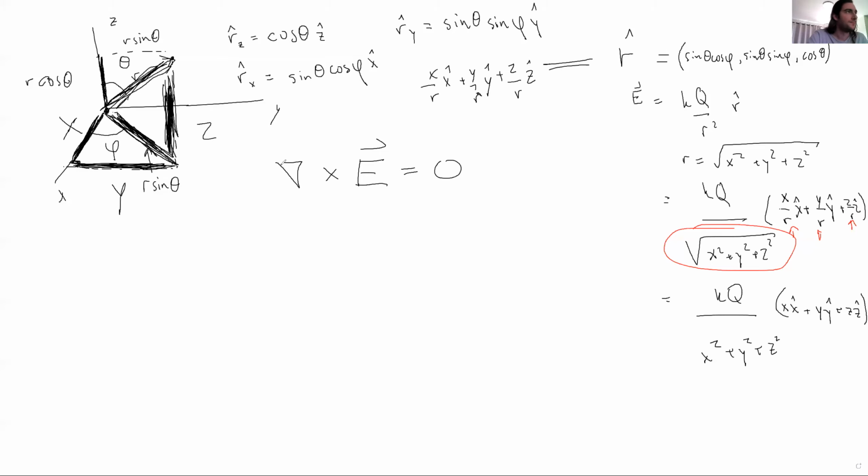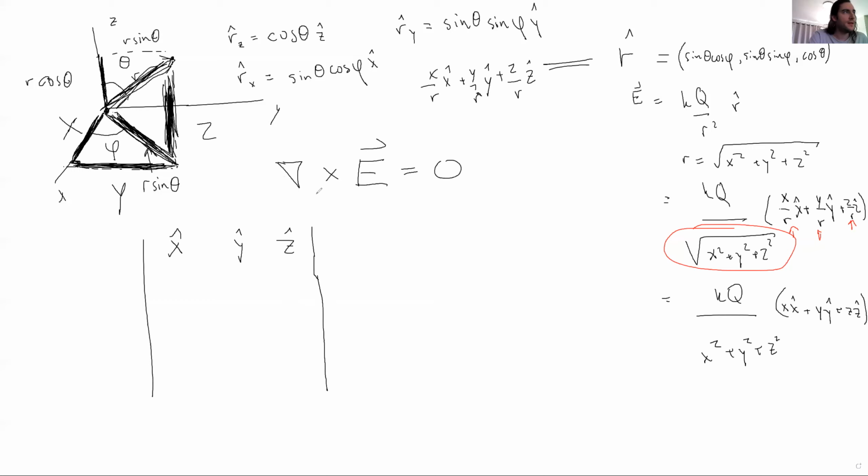All right, so let's just chug along here. In order to do a cross product, the method that I use, I write out a matrix. We don't have to use i hat, j hat, and k hat. Actually, let's use x hat, y hat, and z hat, because that's what we've been using in this class mostly.